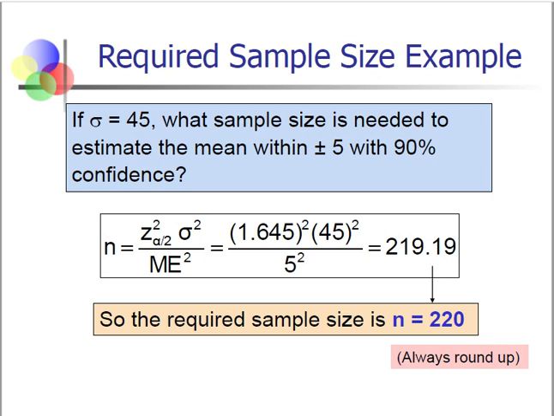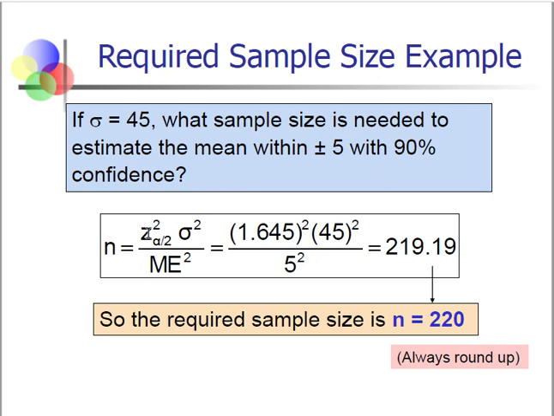Let's have an example. If our population standard deviation is 45, what sample size is needed to estimate the mean within plus or minus 5 with 90% confidence? So we put across our formula. With 90% confidence, we need to look for the Z alpha over 2. That is our critical value.